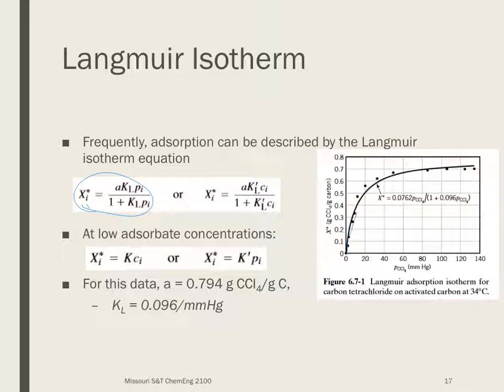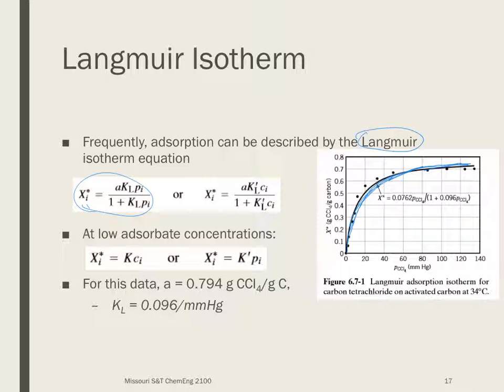But the key thing is that if you look at the mole fraction that could be absorbed versus the pressure, the partial pressure of what's in the gas, you're going to find that it's going to be a curve that will look very much like this. This is characteristic of many, many adsorption systems, okay? And it's, again, called the Langmuir isotherm.